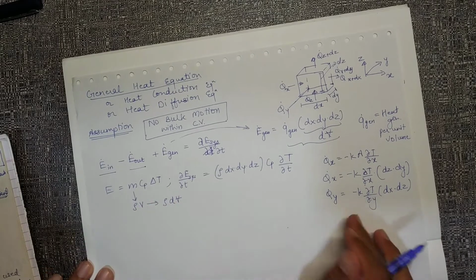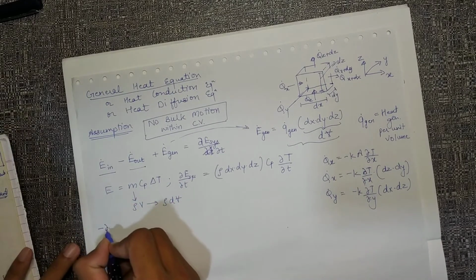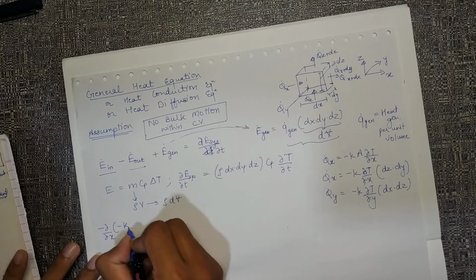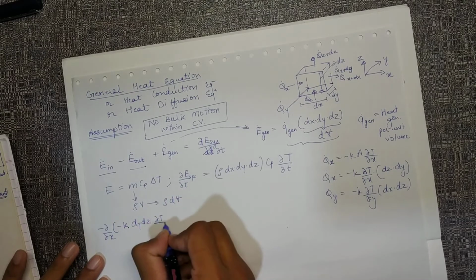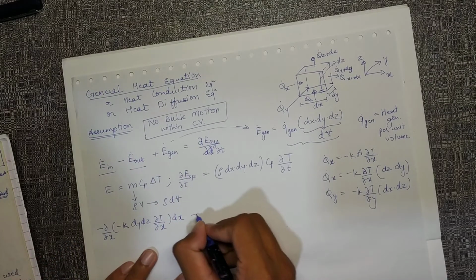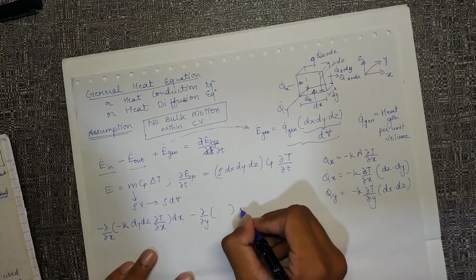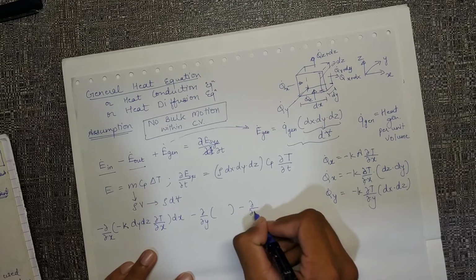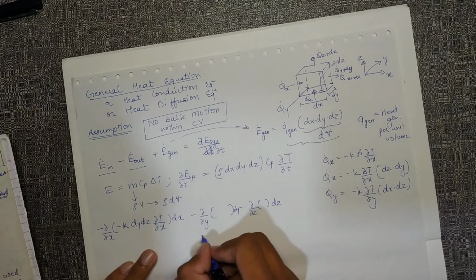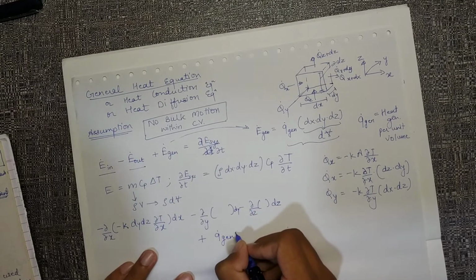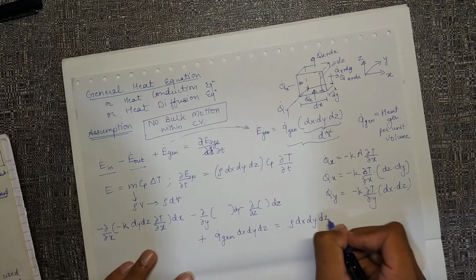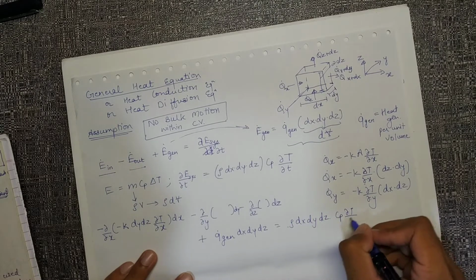The q dot terms: minus del by del x of minus k dy dz del T by del x into dx, and accordingly the terms for y and for z, plus the term for q dot gen dx dy dz, is equal to rho dx dy dz Cp del T by del t.